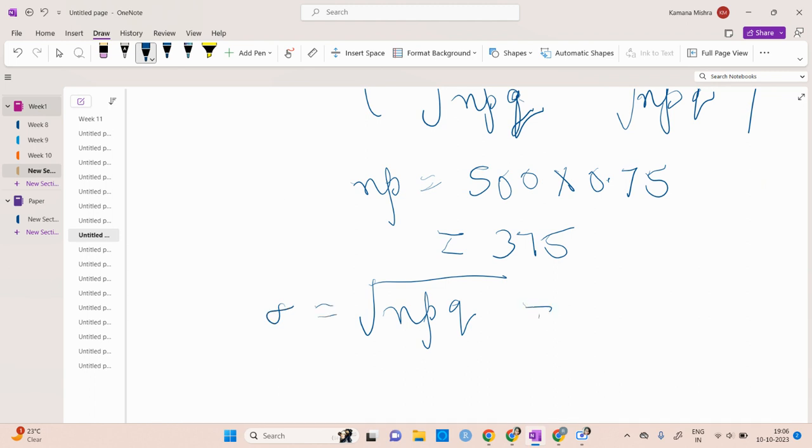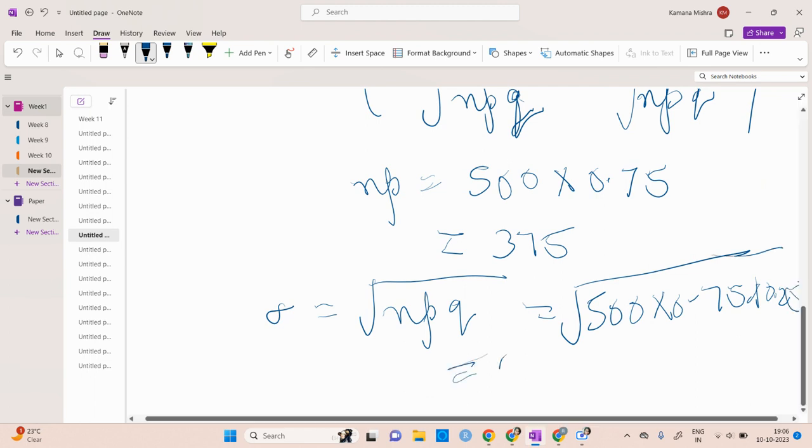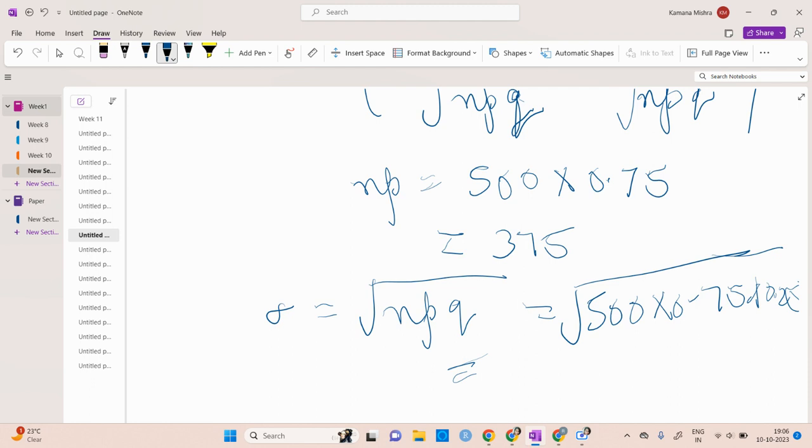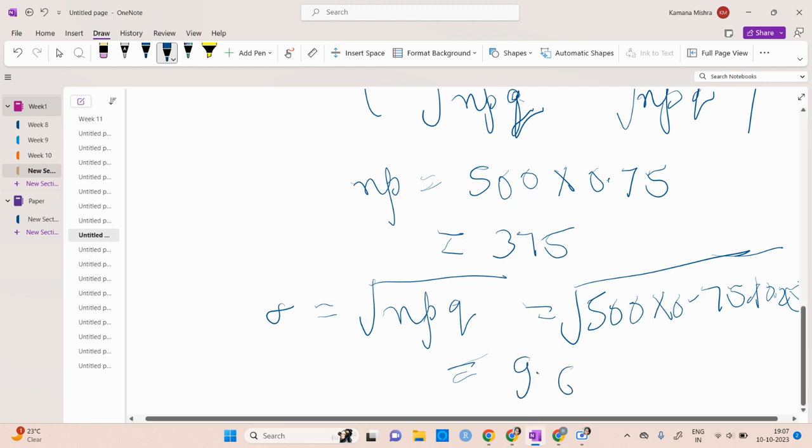So standard deviation will be under root 500 times 0.75 times 0.25. I'm just going to use the calculator for that. Its value will be 9.68.